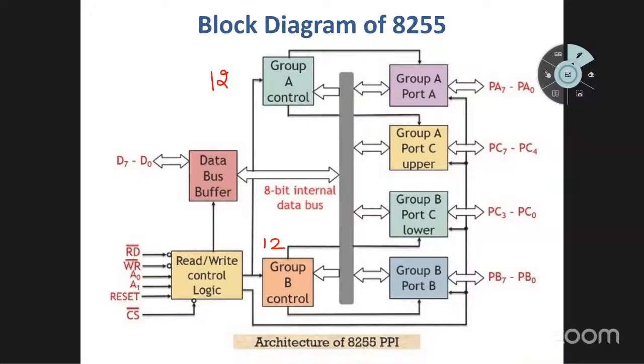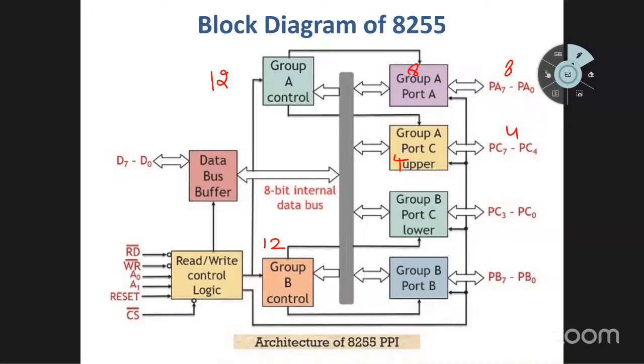Okay, so out of this 12 lines, 8 lines for port A, 4 lines for port C. See here, PA0 to PA7, 8 lines, and here 4 lines. 12 are over.